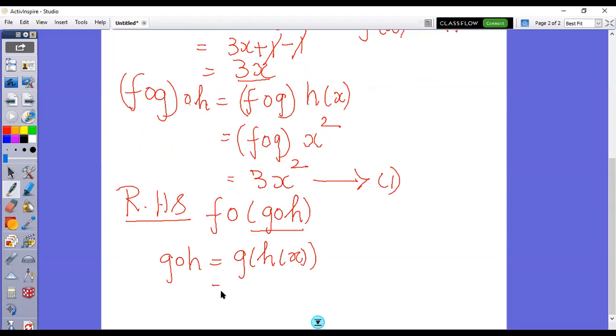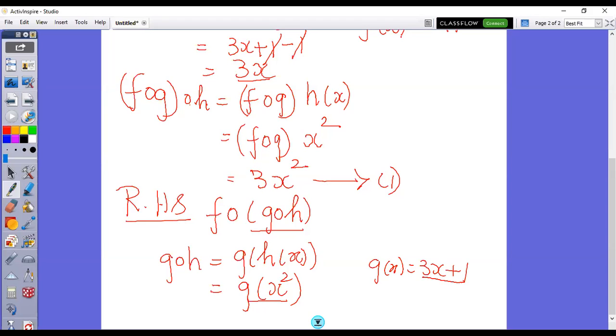H of x is x square, so g of x square. G of x square, what value? G of x value is 3x plus 1. So first substitute g of x.